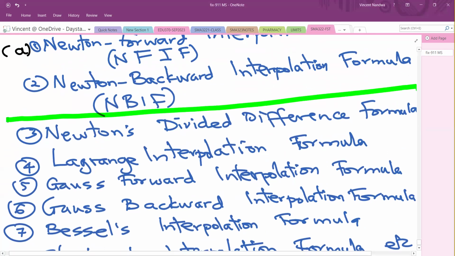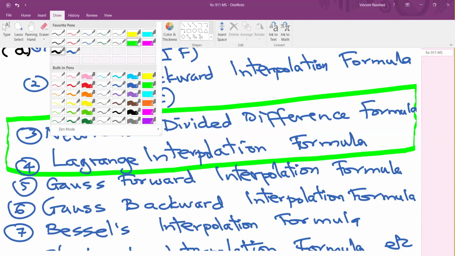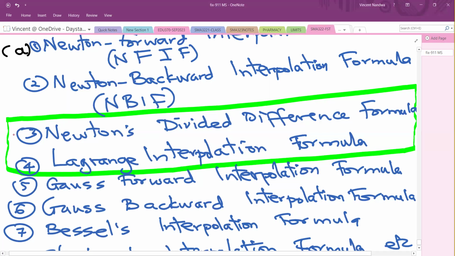The Lagrange interpolation formula and Newton's divided difference formula are the ones we use to carry out interpolation in case the spacing between mesh points is not necessarily uniform. So these two methods, 3 and 4, apply for both equally spaced and unequally spaced mesh points.